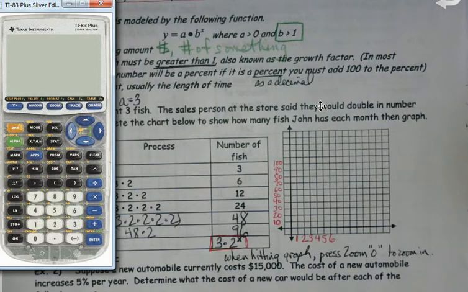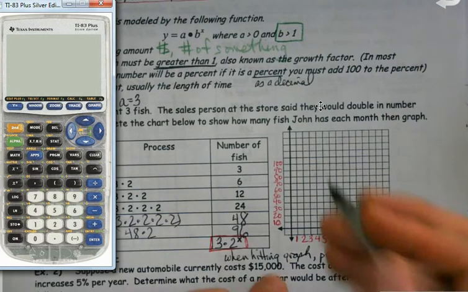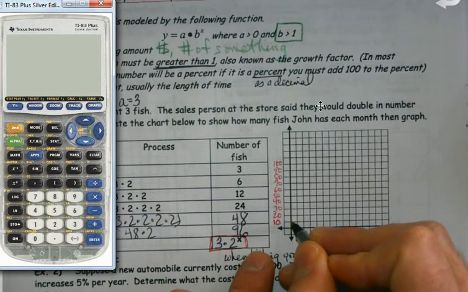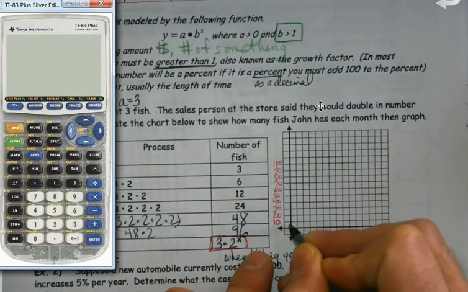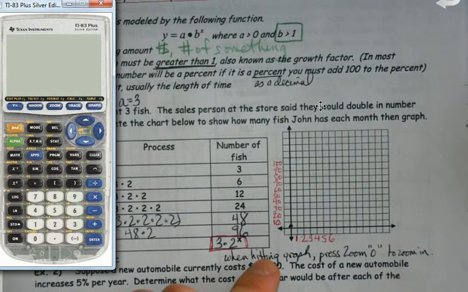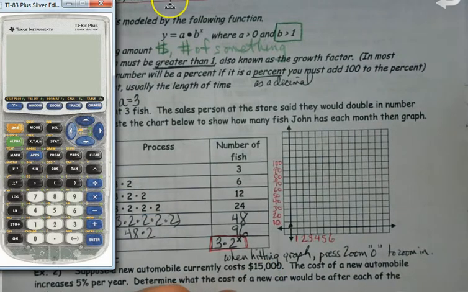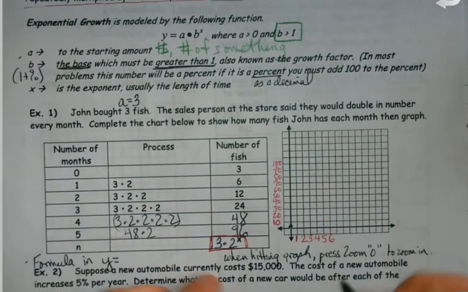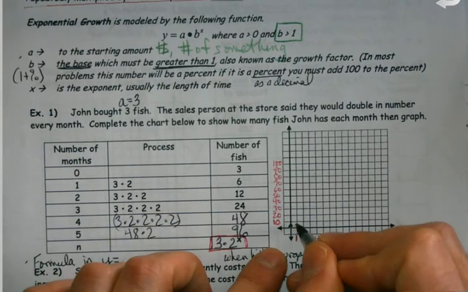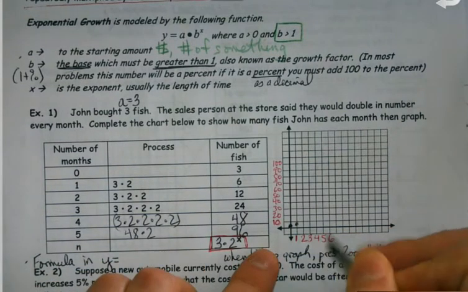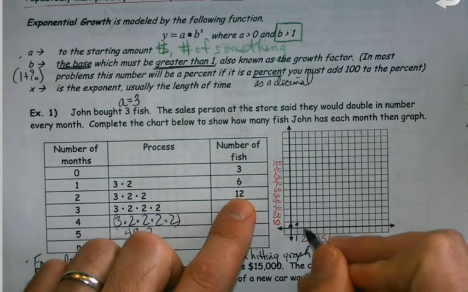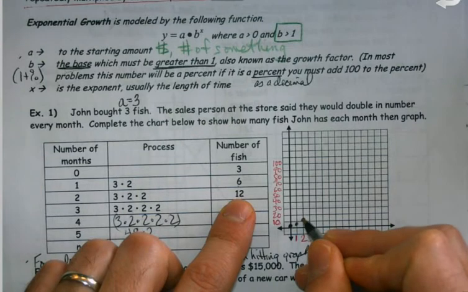So then when I go to plot them, you're like, ooh, so 0, 3, well, that's not quite 10. So we got to put my dot between the 0 and 10 here at 0. So after 1 month, I had 6 fish, so I'm a little over halfway there. After 2 months, I had 12, so I'm a little above the 10.